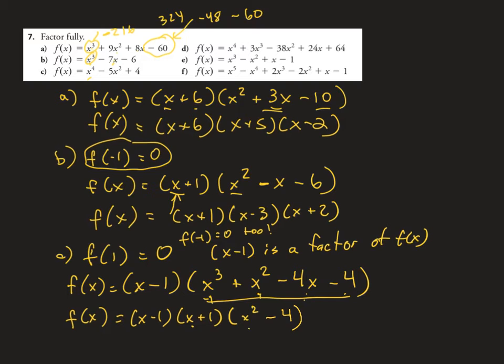You got your x cubed plus x squared, you got your minus 4x and minus 4. Yep, that works. And then x squared minus 4 should be easy. So this is just x minus 1, x plus 1, x minus 2, x plus 2. This is just a difference of squares. There you have it. So when I started, I could have used 1, negative 1, 2, or negative 2.